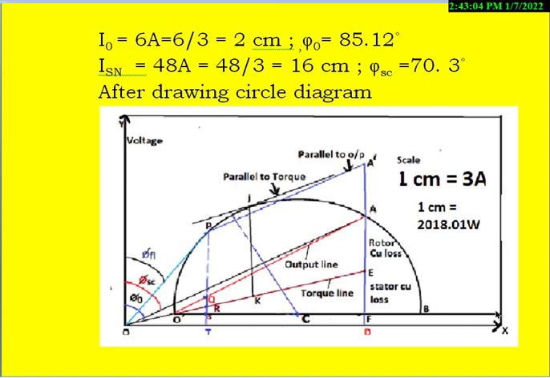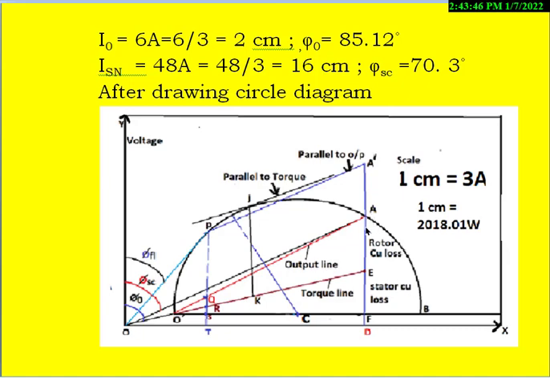This is O dash up to here. Now bisect the line joining O dash and A, so that it will cut this horizontal line, that is O dash B, at point C like this. Now taking C as center and O dash C as radius, draw a semicircle like this, so that it will cut the horizontal line O dash up to here at point B like this.